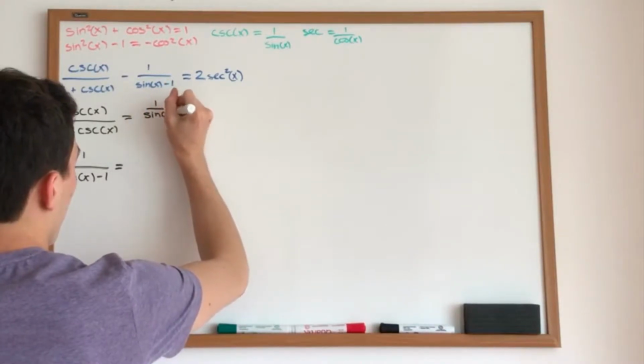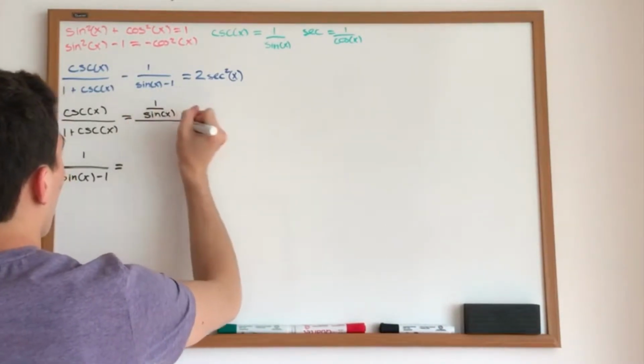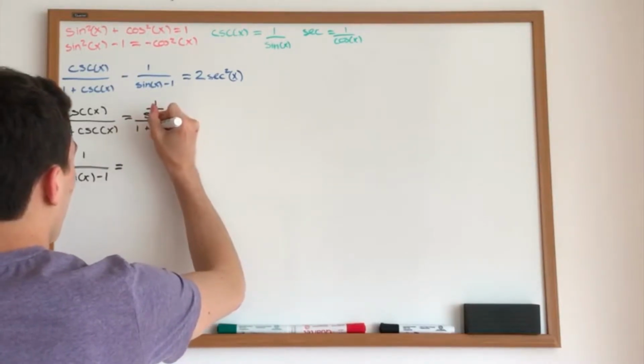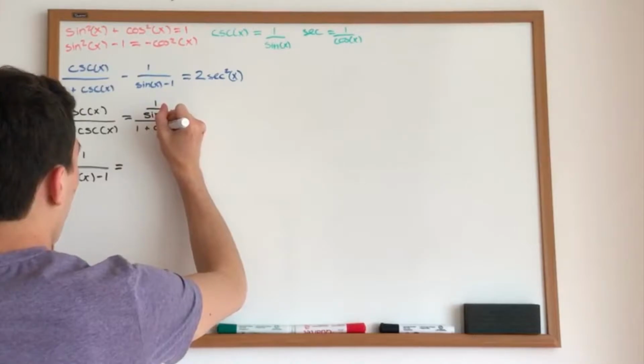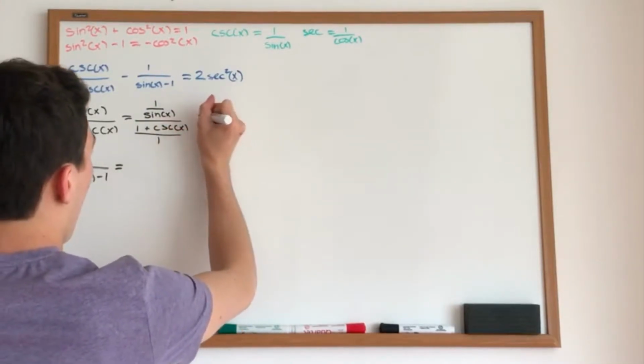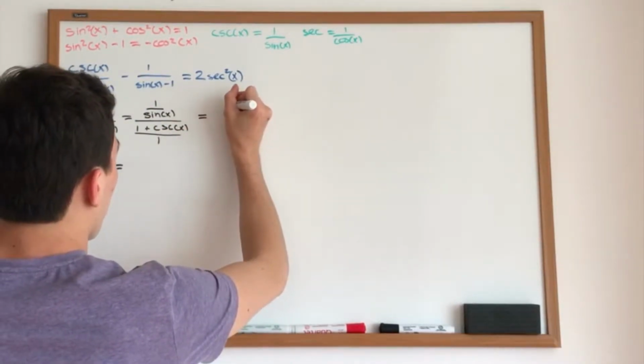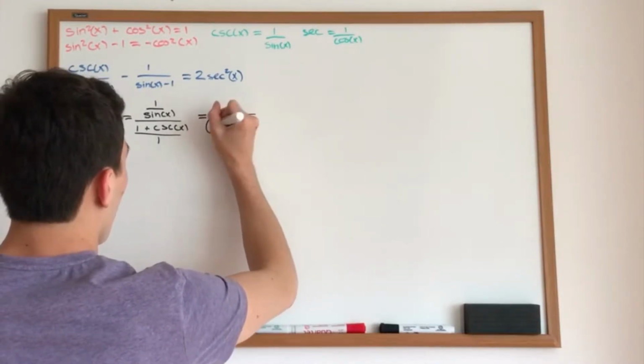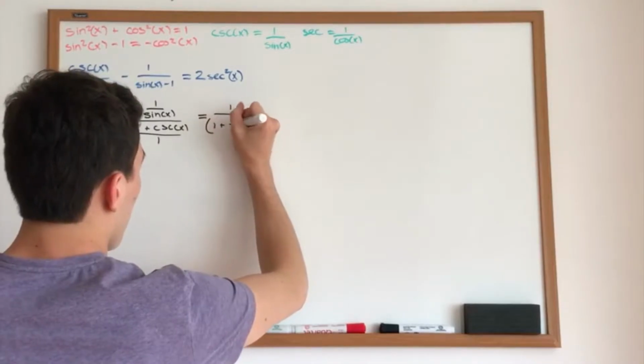That would turn the cosecant of x into 1 over sine of x, and this would be over 1 plus cosecant of x over 1. We multiply this and we would get 1 over sine of x plus 1.